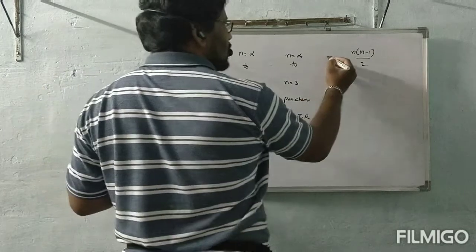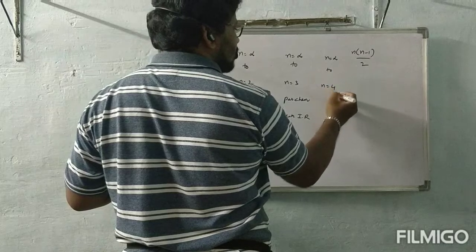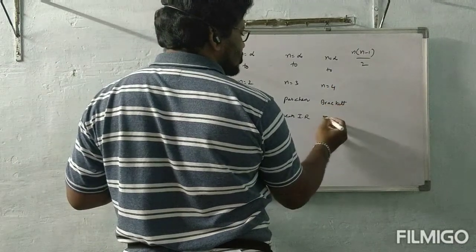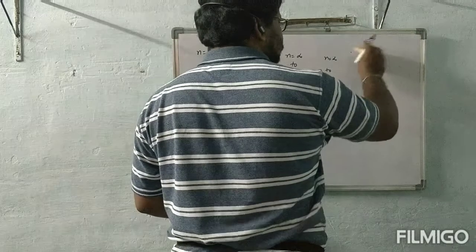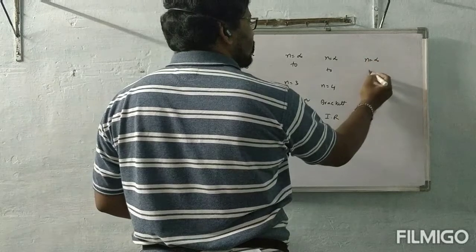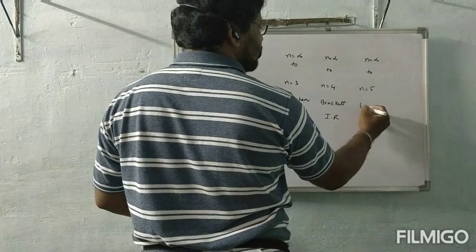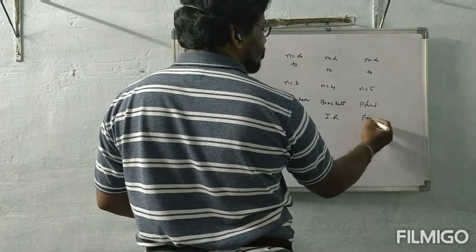Next, n is equal to infinity to n is equal to 4 is the Brackett series, observed in the IR region. Next, n is equal to infinity to n is equal to 5 is the Pfund series, which is far infrared.